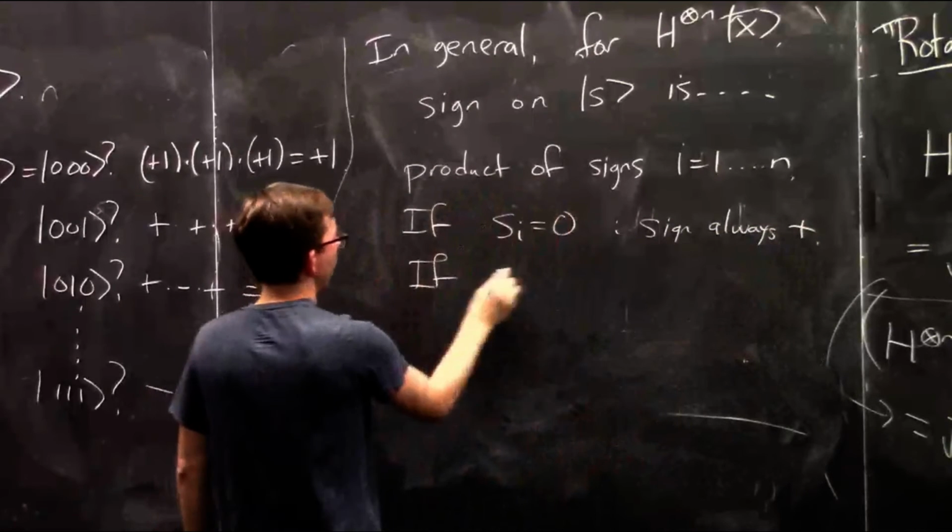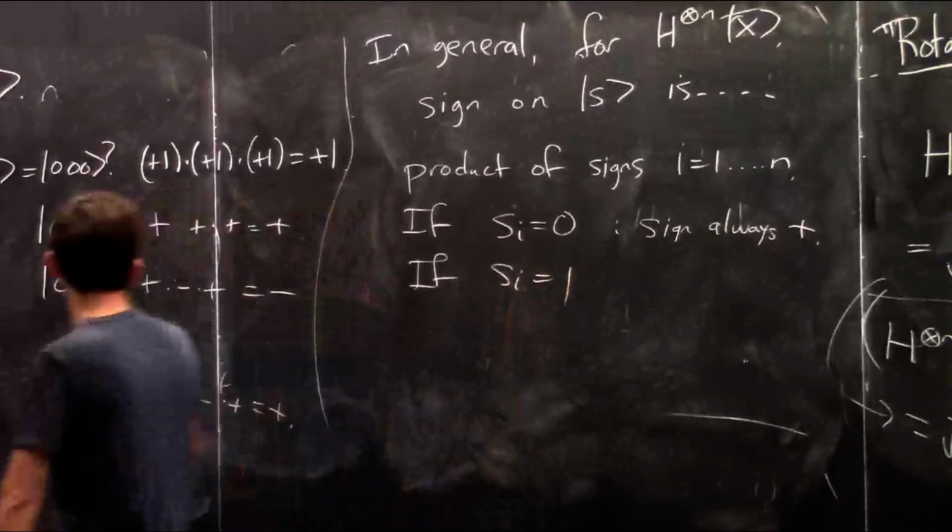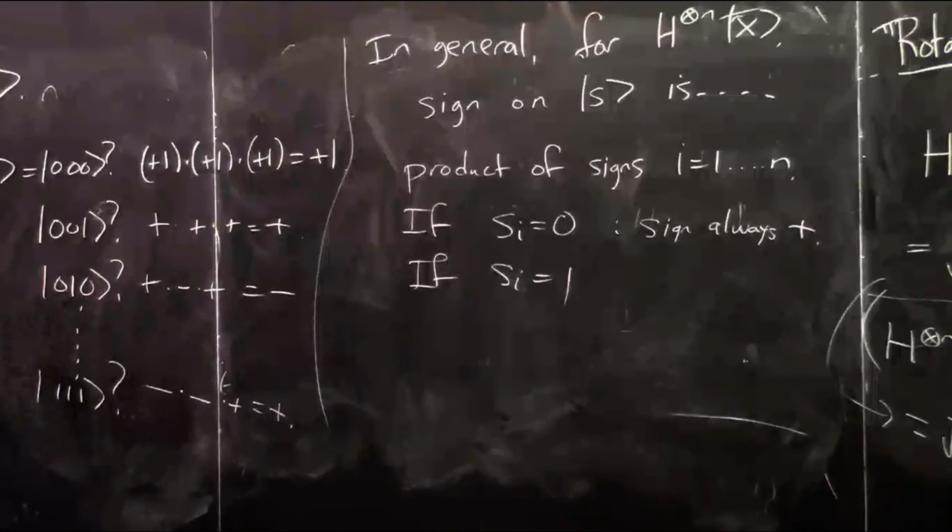On the other hand, it's more interesting if Si is 1. Like in this case, if i is 2, you had to get the 1 here from the second piece. And then it could be that this sign is plus or minus. It depends on what x was in that position, right? We have a minus here because x had a 1 here. If x had a 0 here, we'd have a plus here.